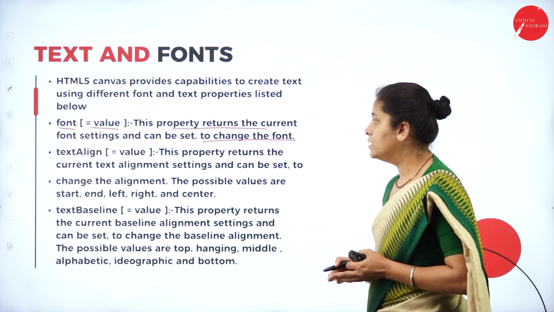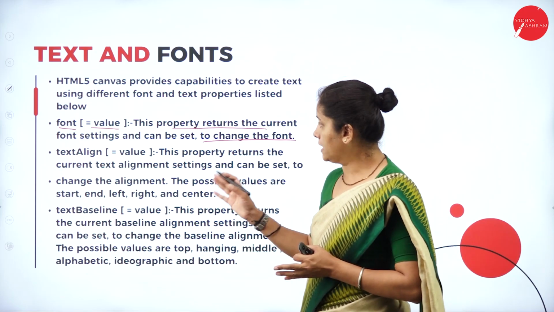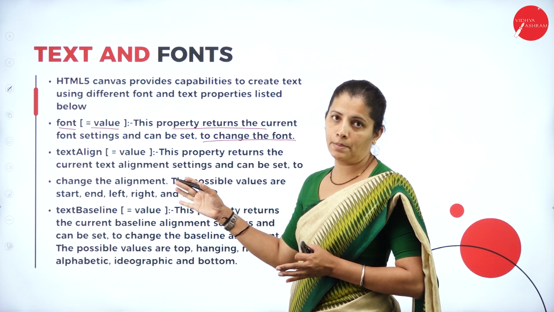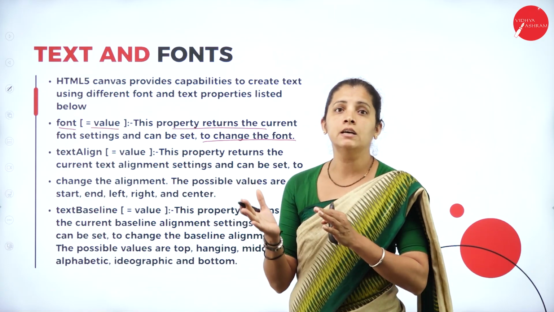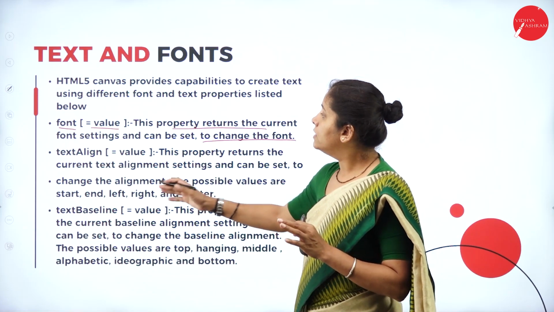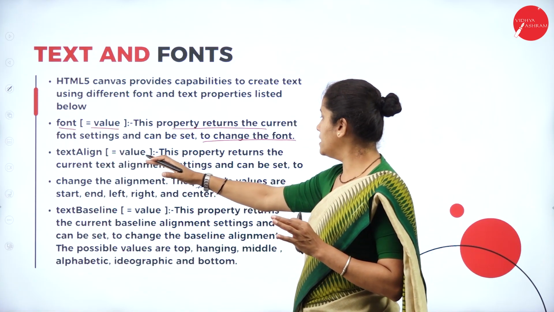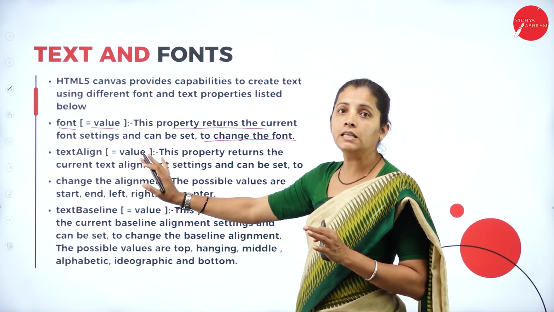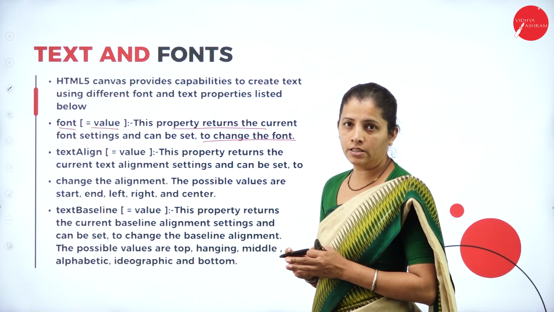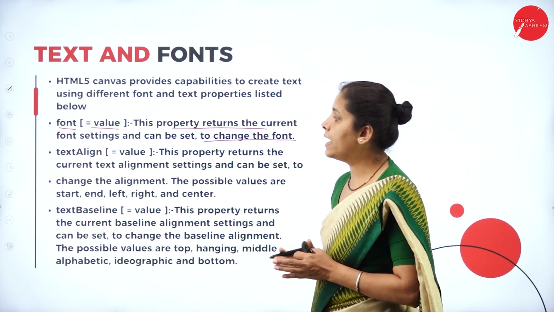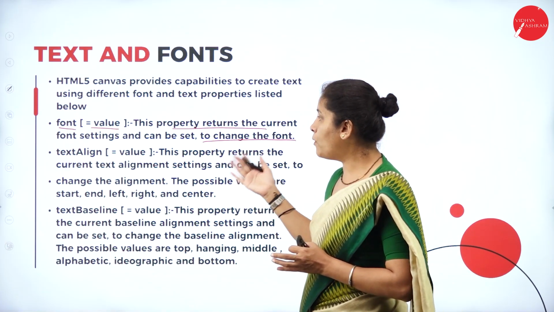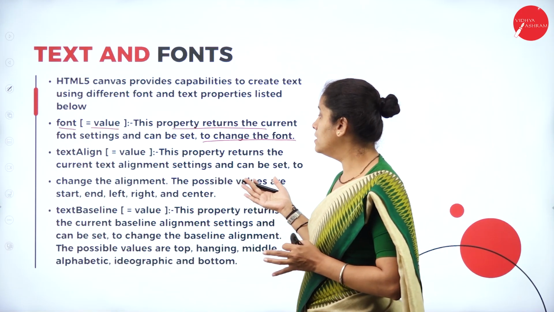Text align. This textAlign property returns the current text alignment. For example, if it is left aligned, this textAlign returns the current text alignment. Suppose I want to change that into something else, then I can change it. So what are the possible alignments I can have?